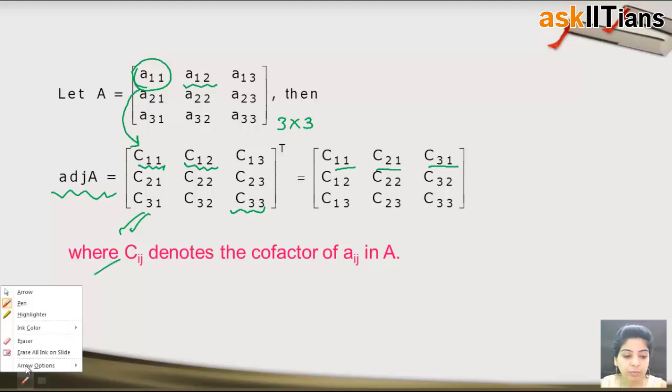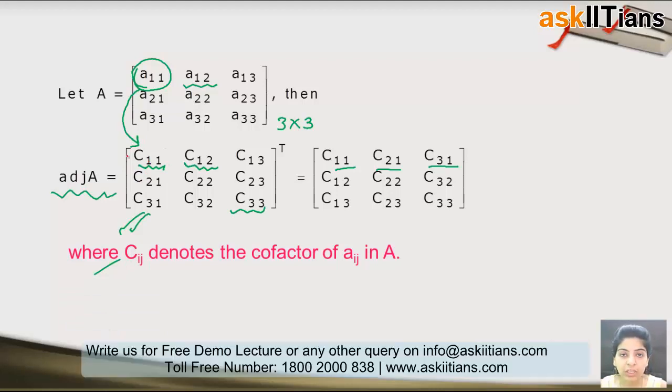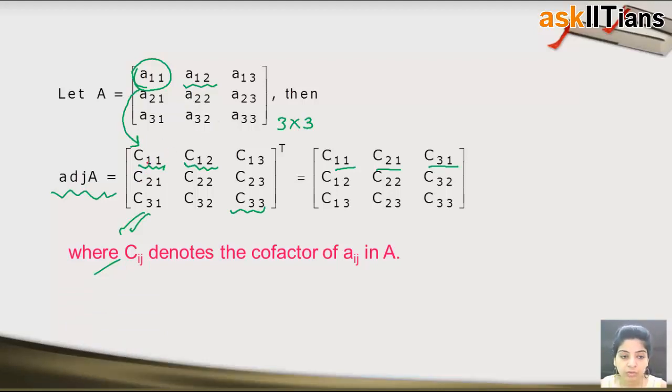Now see, what do we mean by transpose? If you remember, transpose of a matrix is when you make the rows into corresponding columns: you change the rows as columns and columns into rows. This is the first column, C11, C21, C31. If I make it my first row, C11, C21, C31, then this is the transpose of this matrix.